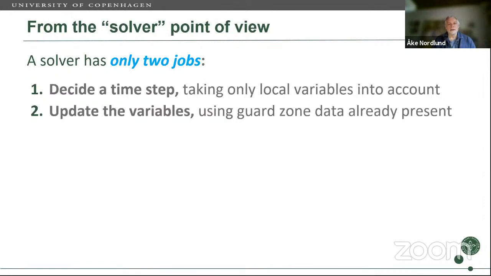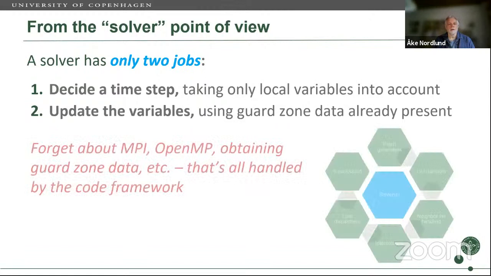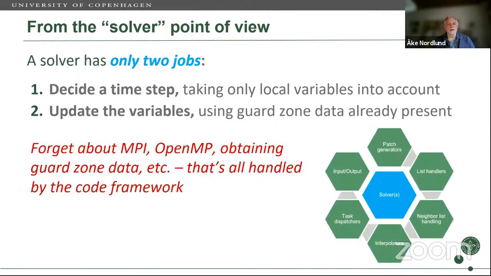A solver basically has only two jobs. It needs to decide a time step, looking only at the local variables. And it needs to update the variables by one time step, and then just return. It gets called again to update the next time, but that's of no concern to the solver itself. It can forget about MPI. It can forget about parallelizing.